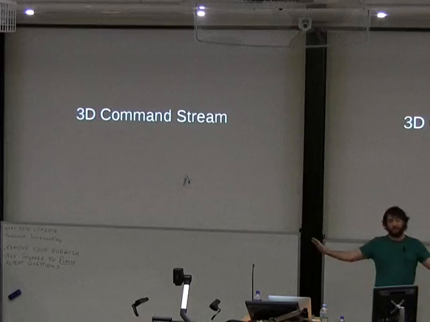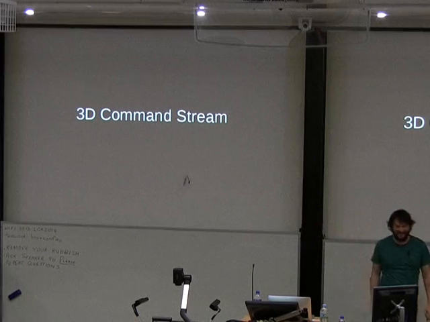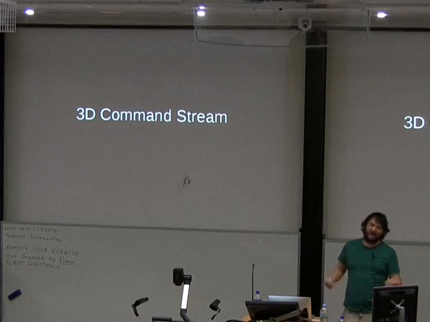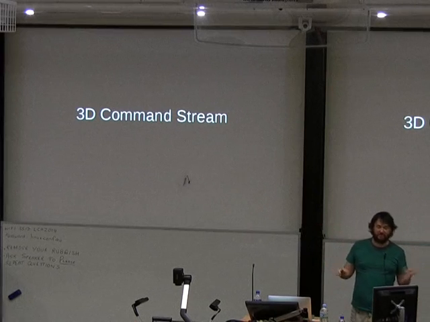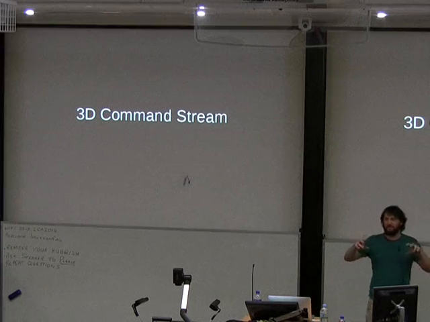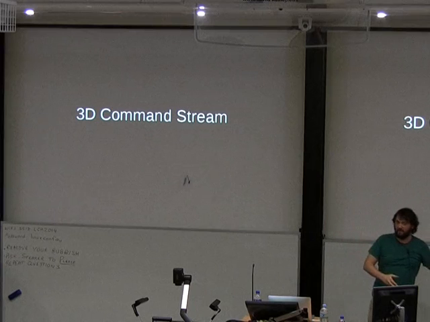And I've only got one slide on the magic. That's it. But I'll give you the objects. So the 3D command stream is built up of the Gallium state objects, and the Gallium state objects are kind of based on the DirectX 10 state objects.